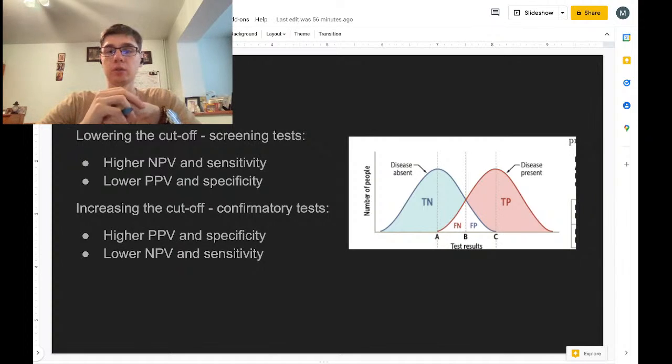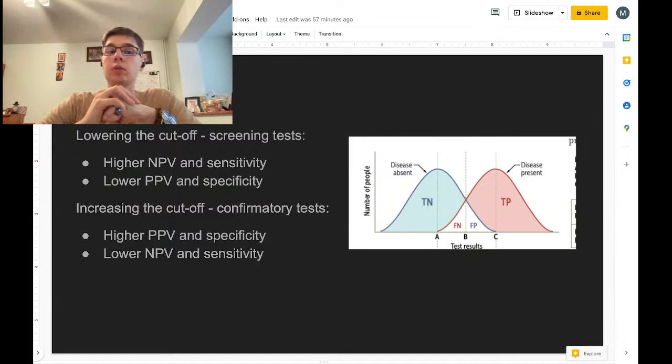When lowering the cutoff, we decrease the false negatives and increase the false positives. This will lead to a higher negative predictive value, as the negative predictive value is defined by true negative divided by true negative plus false negatives, and the false negatives decrease.